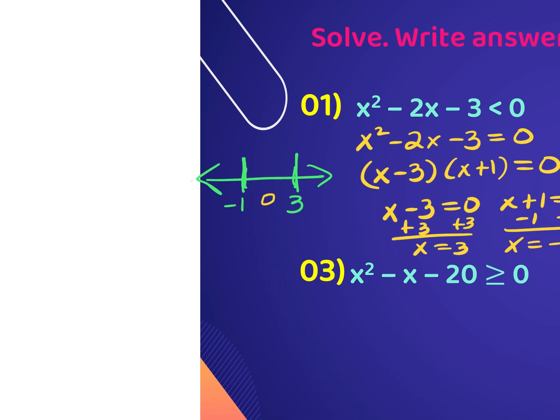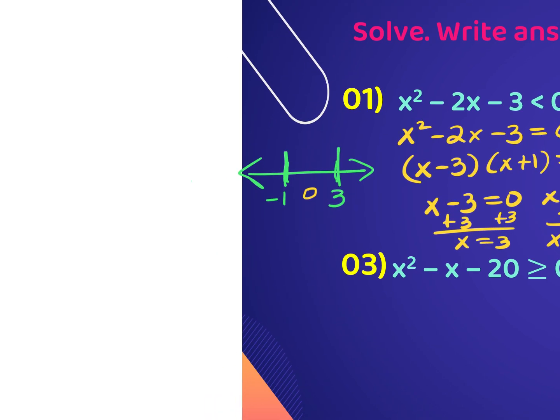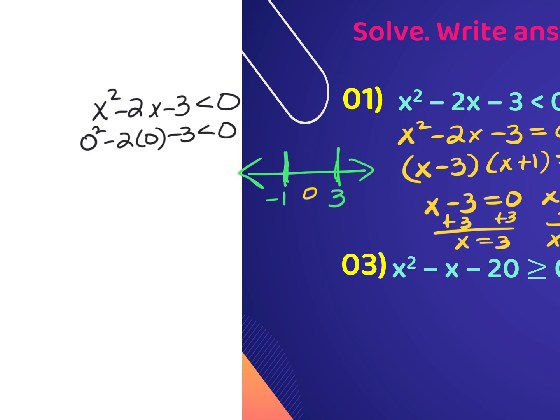So what I'm going to do now is take my original equation, the x squared minus 2x minus 3 less than 0, and I'm going to plug in 0 for x. 0 squared minus 2 times 0 minus 3 less than 0. Notice all of this just becomes 0. So now I'm just left with negative 3 is less than 0.